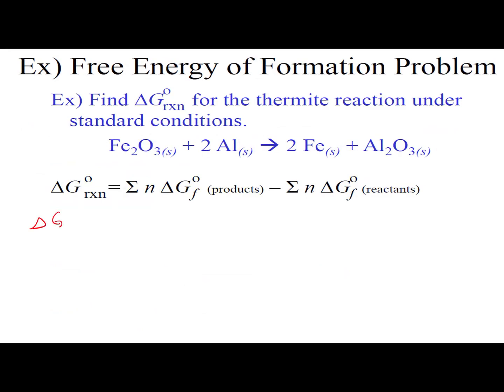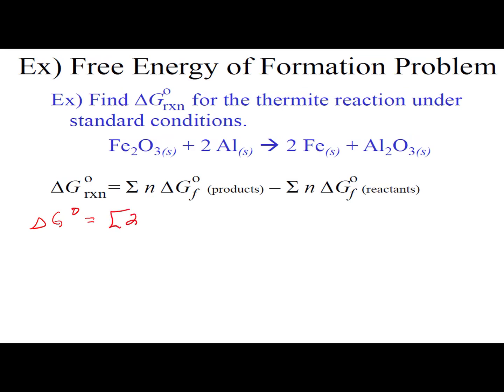And so if we have our reaction here, notice, delta G0 is going to be the products minus the reactants. So my products are iron and aluminum oxide.